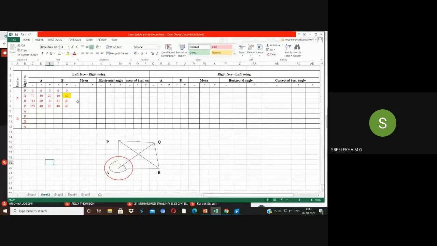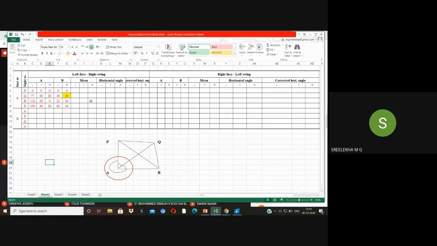20.5, you can't say that. Convert it to minutes or seconds. 0.5 means it is 30 seconds. Okay, 30 second. So what is the complete degree minute second? 113 degree. How much minute? 20 minutes. 20 minute.